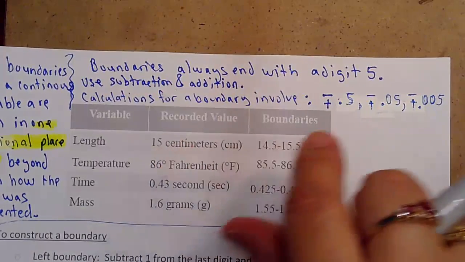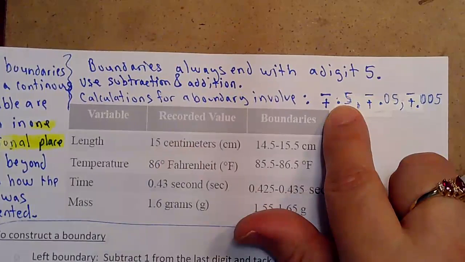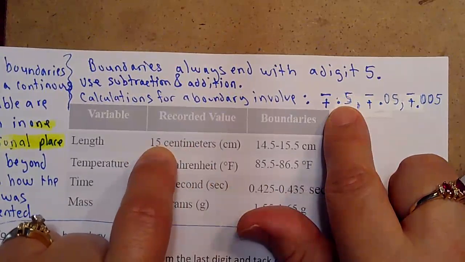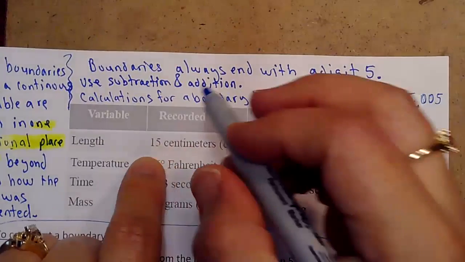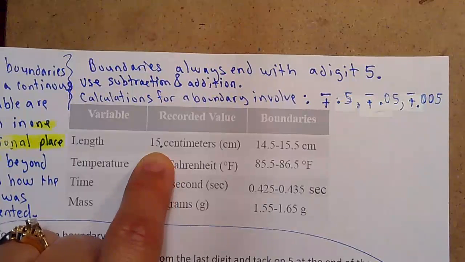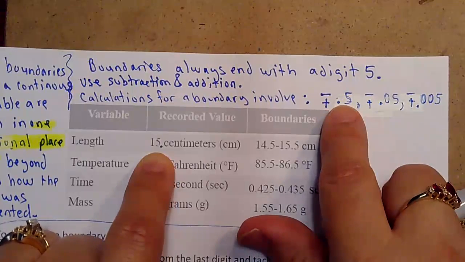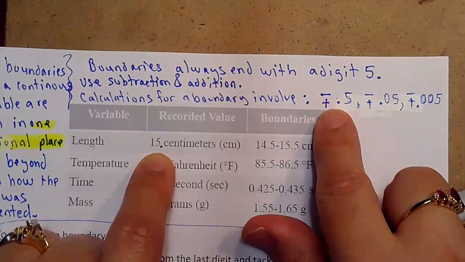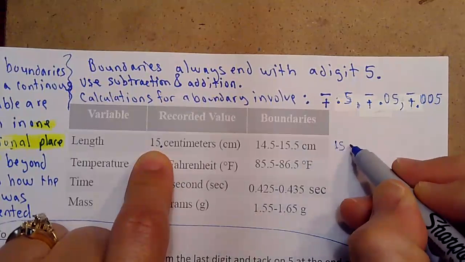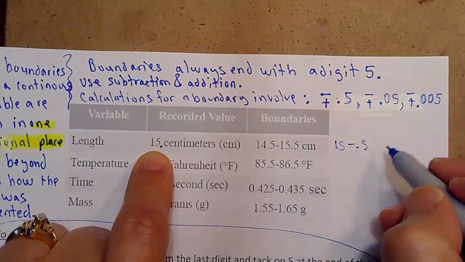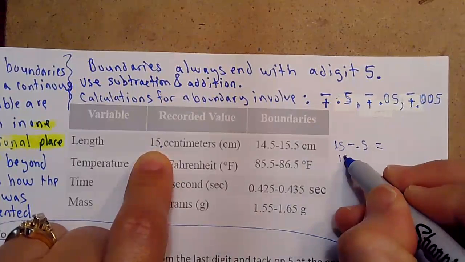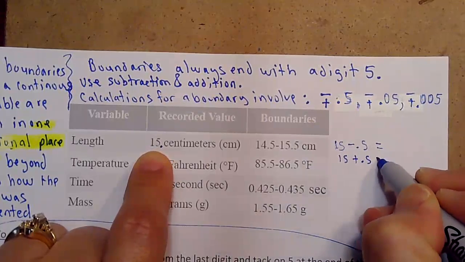So for this problem you would want to work with 0.5, because the decimal is hidden right there in 15, and one decimal place beyond that would be 0.5, the tenths place. So you want to subtract and add to 15. That's 15 minus 0.5, and then 15 plus 0.5.